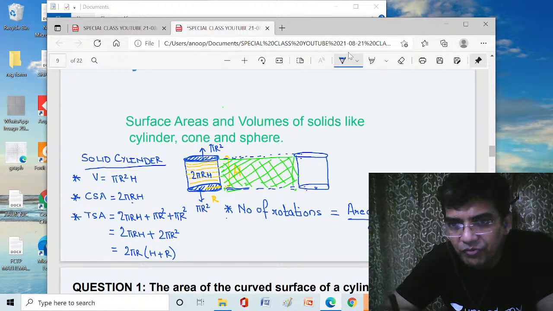Now coming on to the hollow cylinder. Now suppose the cylinder is the hollow one. Now let's see hollow cylinder. Now see, the hollow cylinder will be somewhat like this.